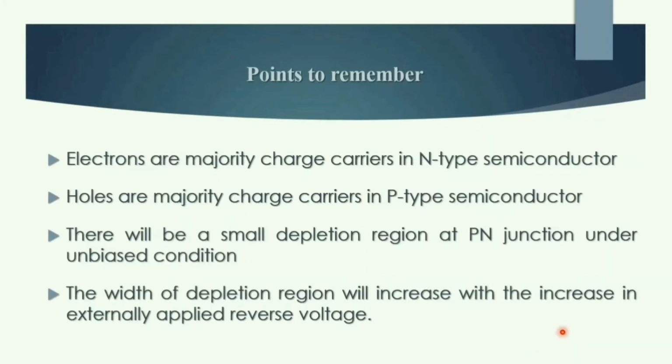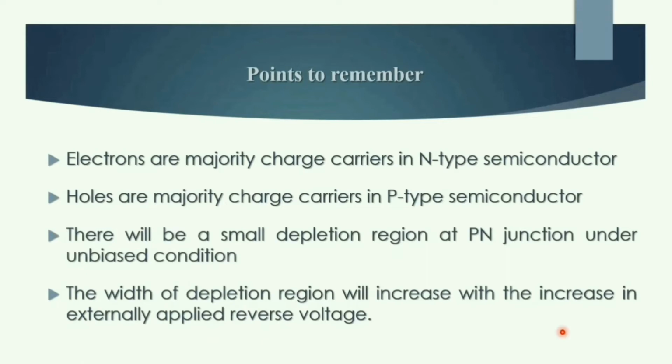So as a summary, we need to remember these points. First is, electrons are majority charge carriers in N-type semiconductor. Second is, holes are majority charge carriers in P-type semiconductor. Third is, there will be a small depletion region at PN junction under unbiased condition.